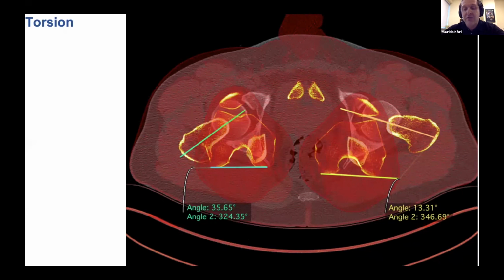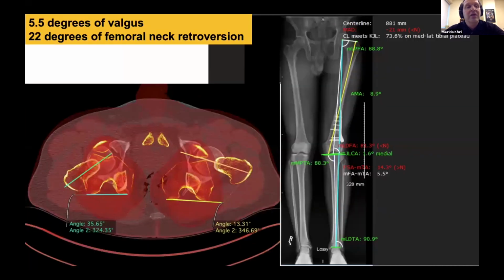So the final diagnosis for this individual using the software is he has 5.5 degrees of valgus alignment and 22 degrees of femoral neck retroversion. To correct that, we use the software to calculate exactly the angles and what kind of osteotomy we would do.